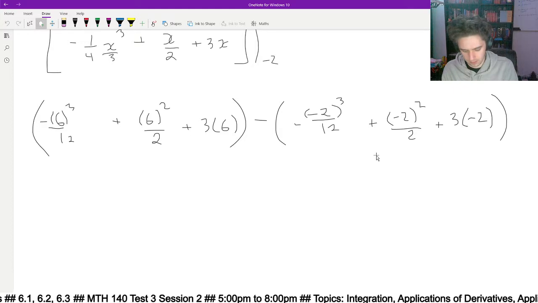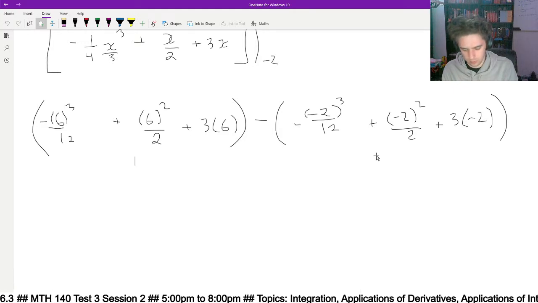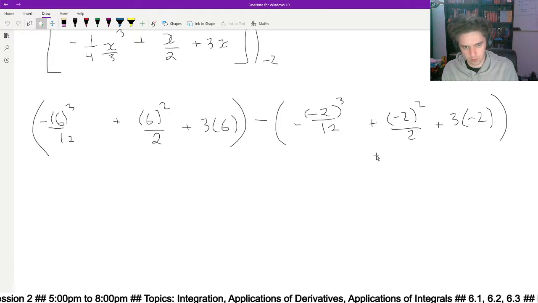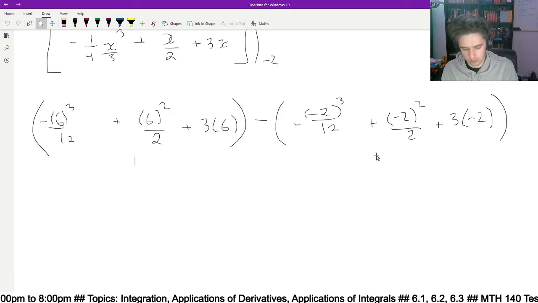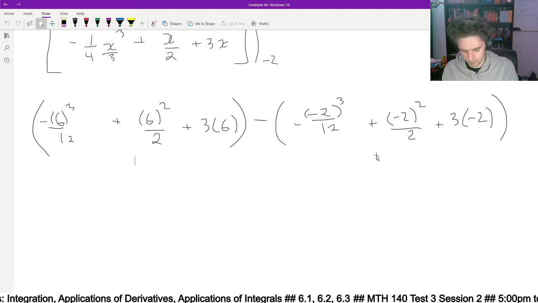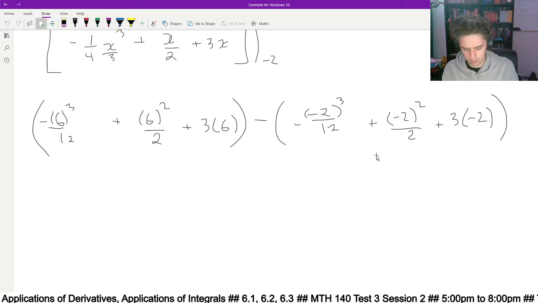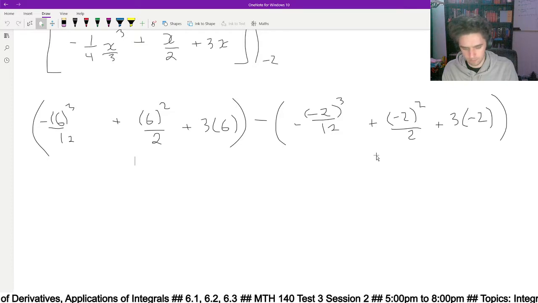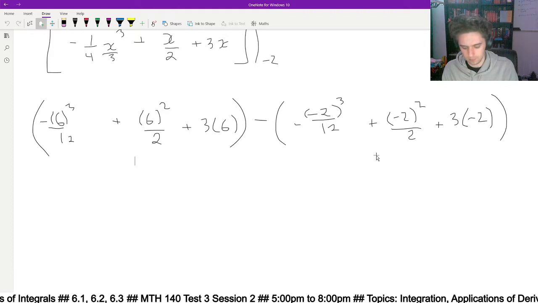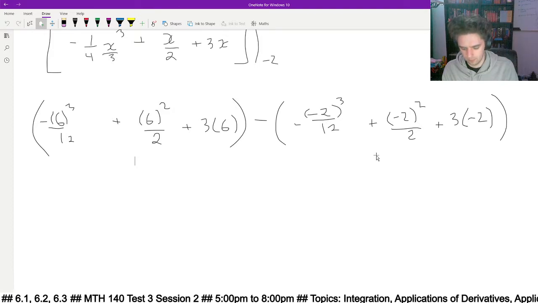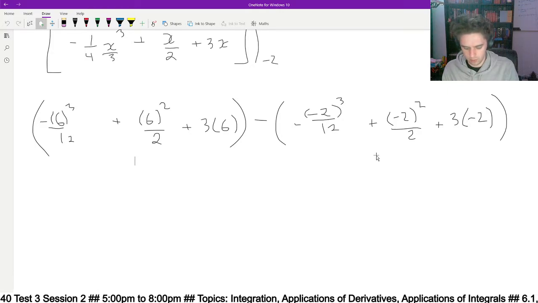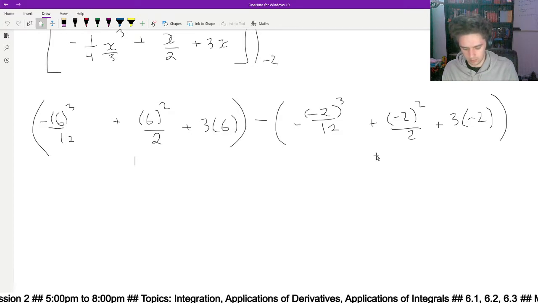Negative 6 cubed over 12 plus 36 over 2 plus 18, minus negative 2 cubed over 12 plus negative 2 squared over 2 plus negative 6.